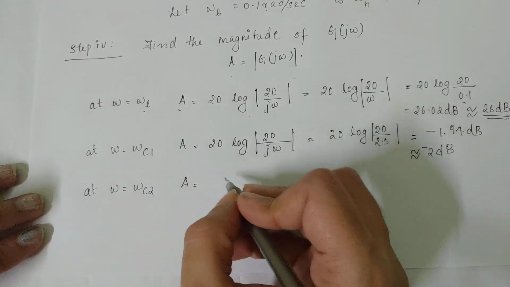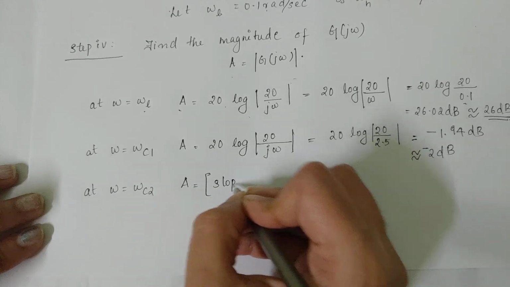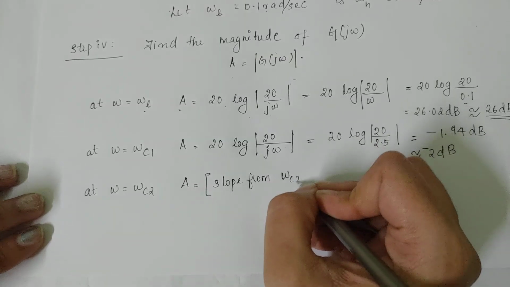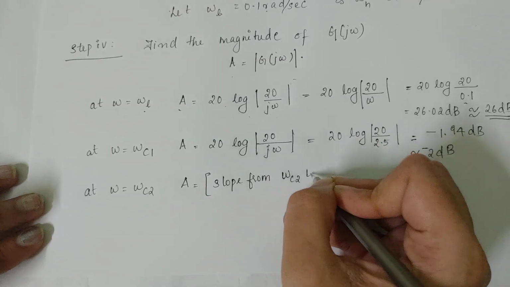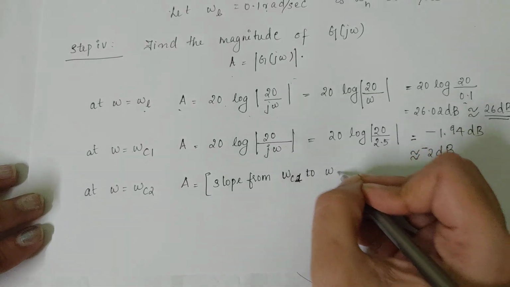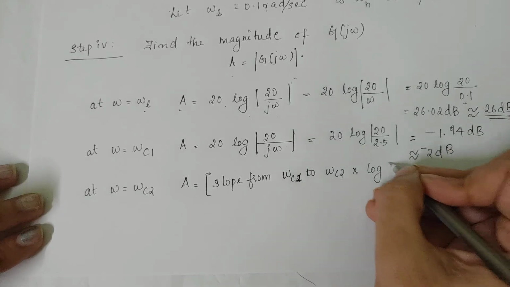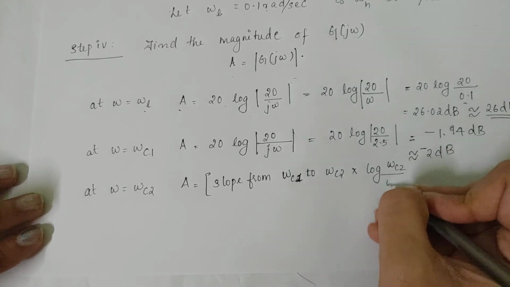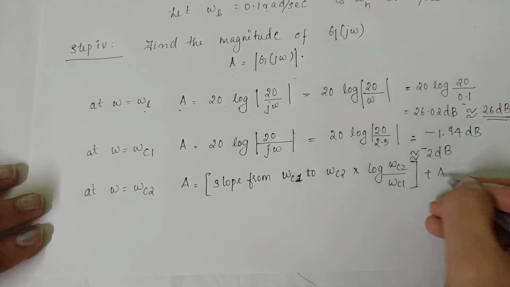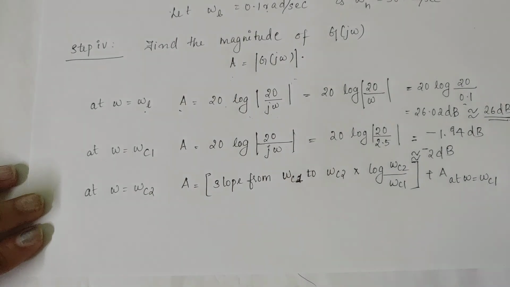A is equal to the slope from omega C1 to omega C2 into log omega C2 by omega C1 plus A at omega is equal to omega C1.